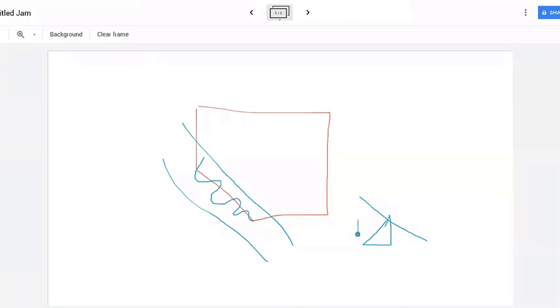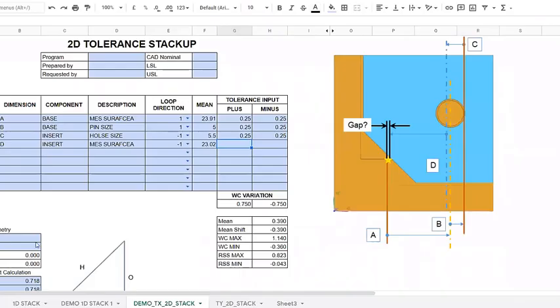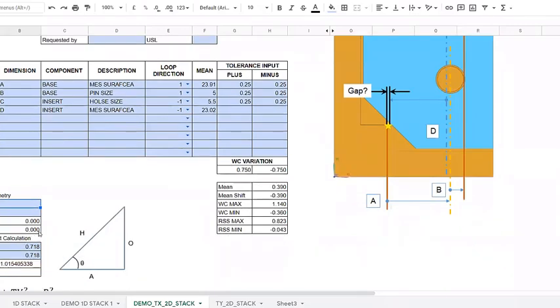We know the hypotenuse of it. We need to find out the opposite and adjacent variations, and we know the angle of it. So I added one more column over here. Our hypotenuse variation is 1 millimeter, and the angle we are interested in, the angle of the slope, is like 45 degrees.